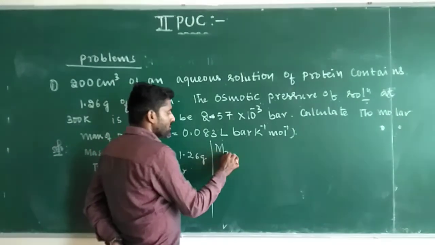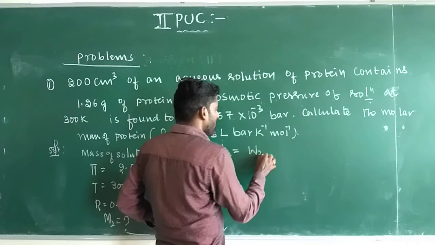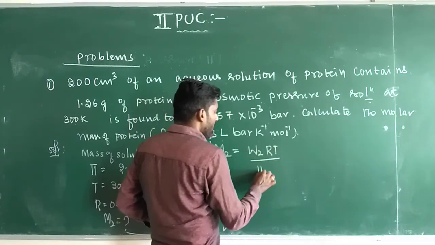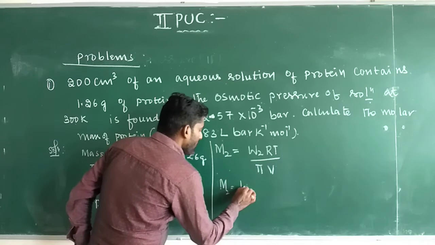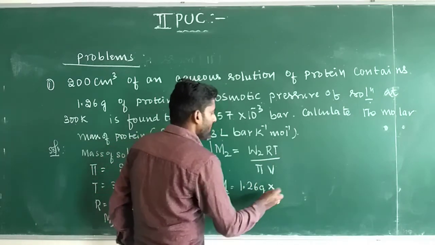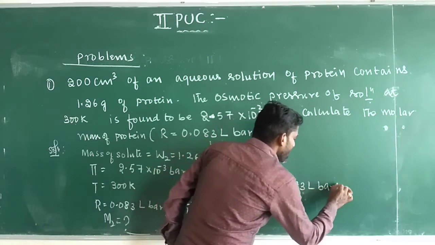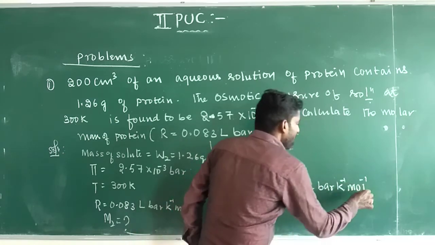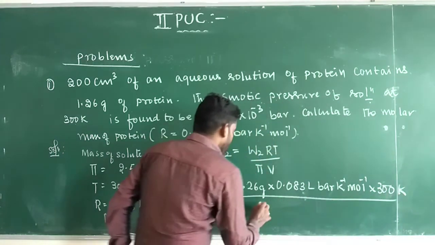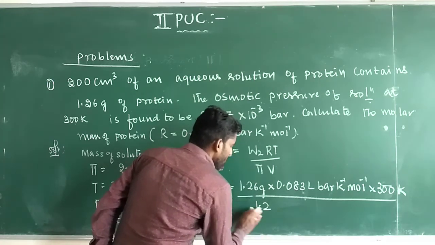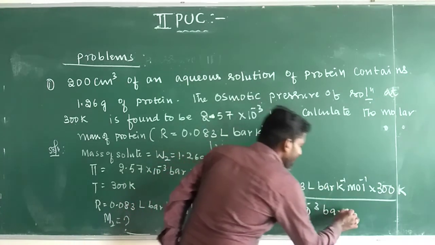To find the molar mass of solute in terms of osmotic pressure, we have M2 is equal to W2 into RT divided by pi into V. So M2 is equal to W2, 1.26 gram, into R, 0.083 liter bar per Kelvin per mole, into 300 Kelvin temperature, all divided by pi value, osmotic pressure, 2.57 into 10 power minus 3 bar, into volume.